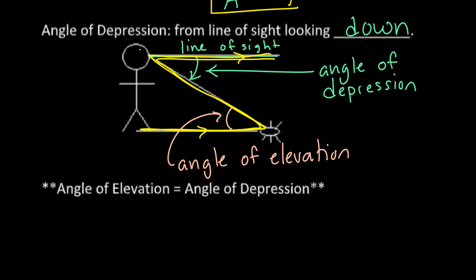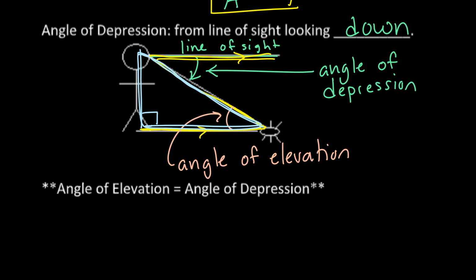All right, let me give you a hint. This is our right triangle in this picture. Where is the angle of depression in comparison to that right triangle? Oh my gosh, it's outside of the right triangle. Do you think an angle outside of the right triangle is immediately solvable with trig?